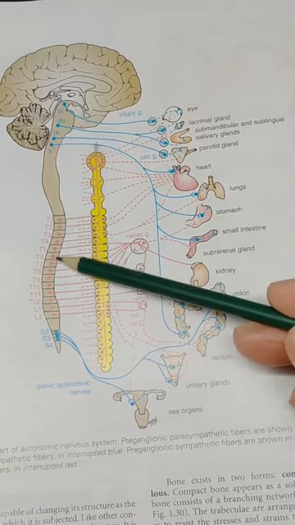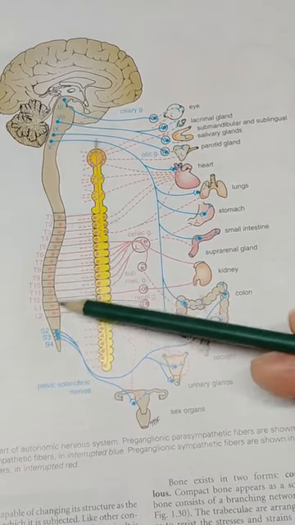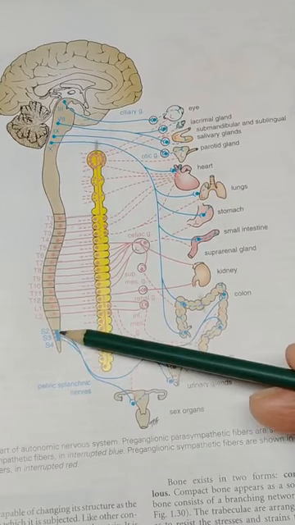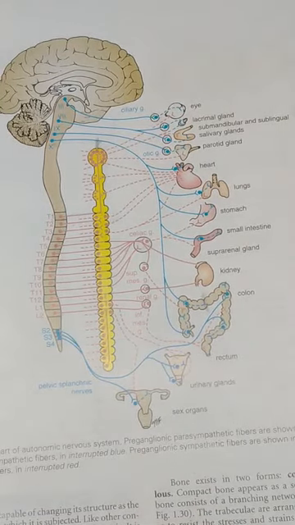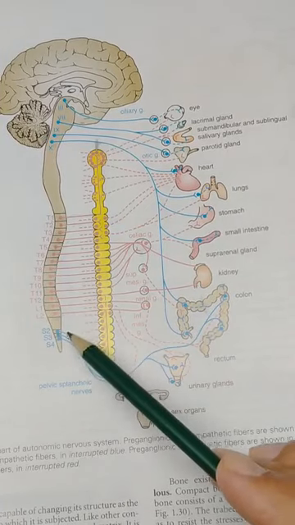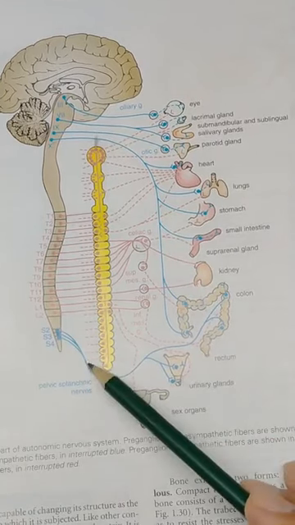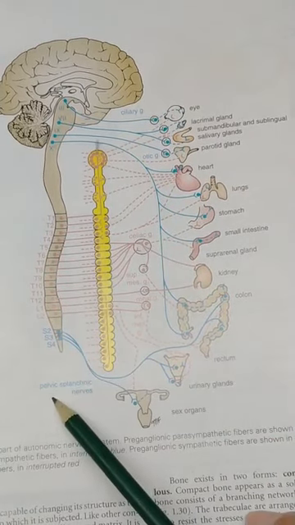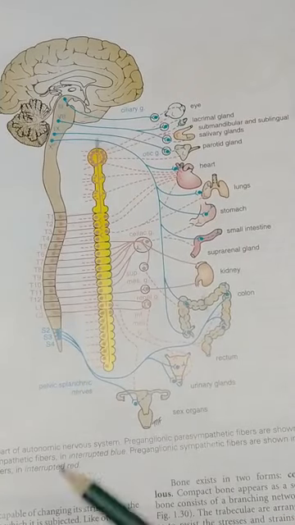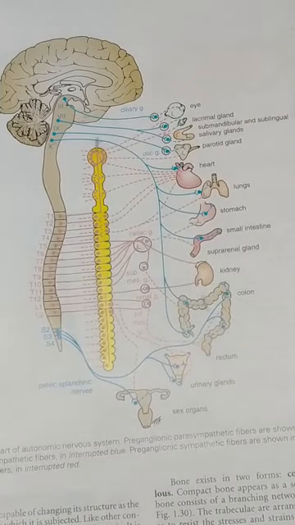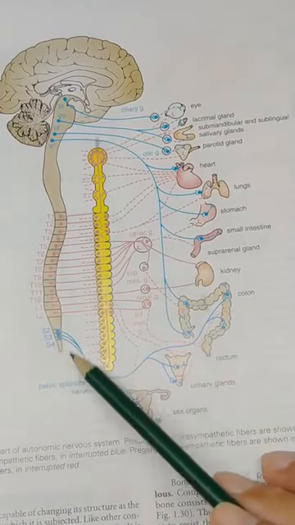While the connector neurons here we call the sympathetic connector neurons, here we call these parasympathetic connector neurons located in the lateral horn. This is S2, S3, S4. They will give rise to a nerve called the pelvic splanchnic nerve. Okay, the pelvic splanchnic nerve, therefore, is a parasympathetic nerve coming from S2, S3, S4.